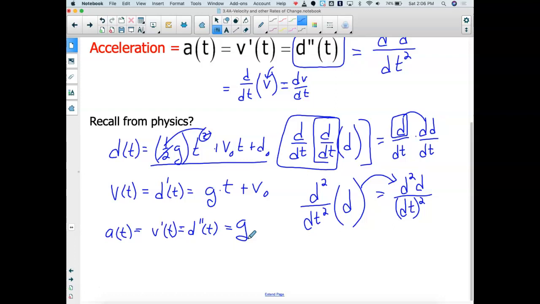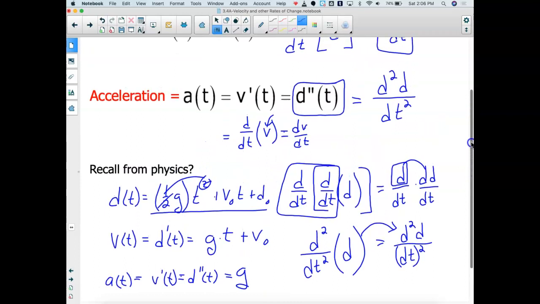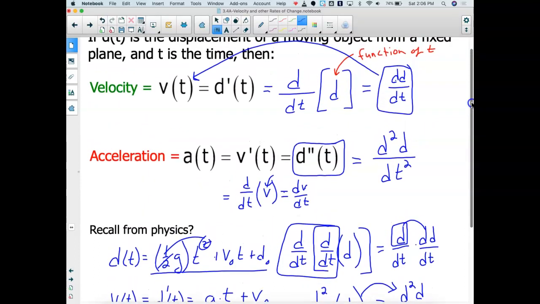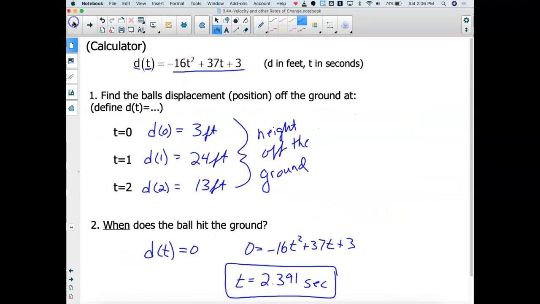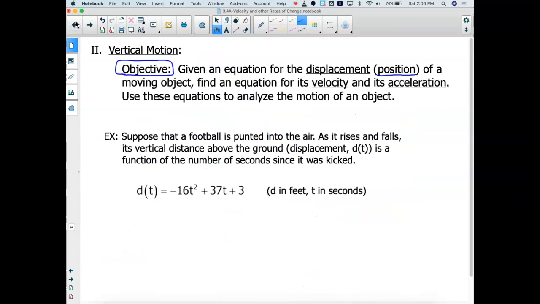So bottom line, what did we just learn through all of this? Hopefully you're understanding what we just learned. Let me come back to it, okay? Given an equation for displacement of a moving object, can you find an equation for velocity, which is the first derivative?